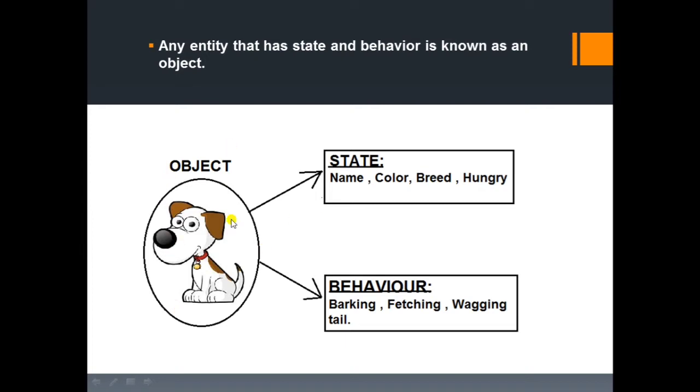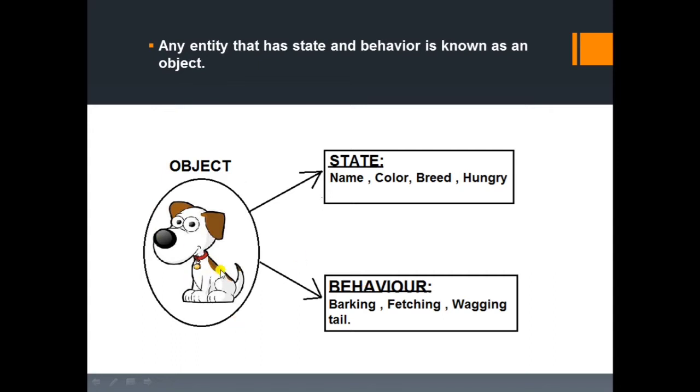Consider this example. Here the example is dog. Dog is an object and it has state and behavior. The state of a dog is like name of the dog, color of the dog, breed, hungry, like that, and the behavior is like barking, fetching, wagging tail.